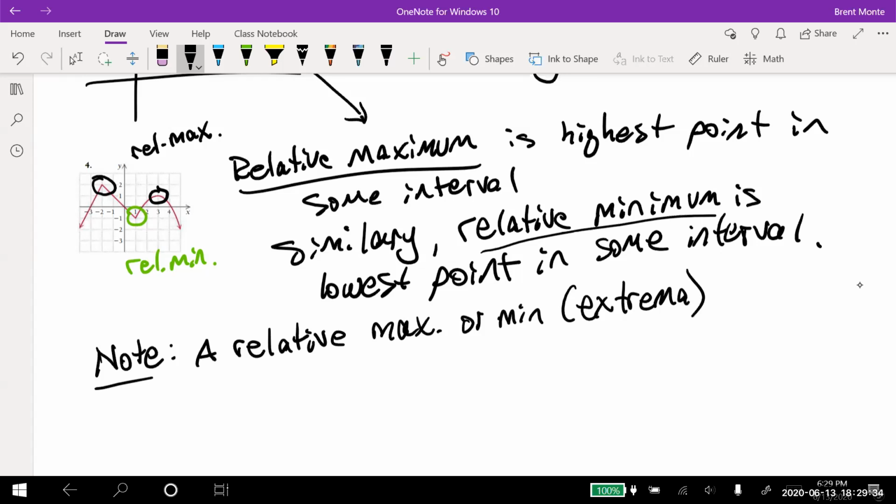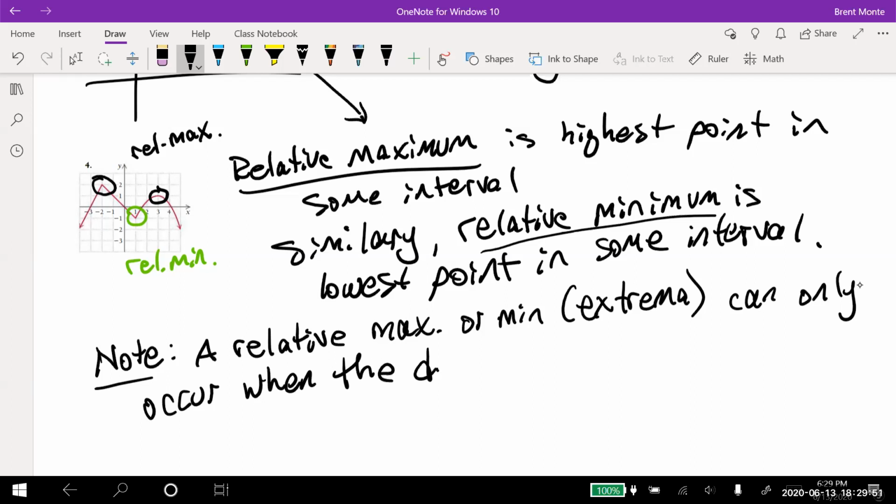We'll call it extrema, that's plural. A relative max or min can only occur when the derivative, well, let's look at these.